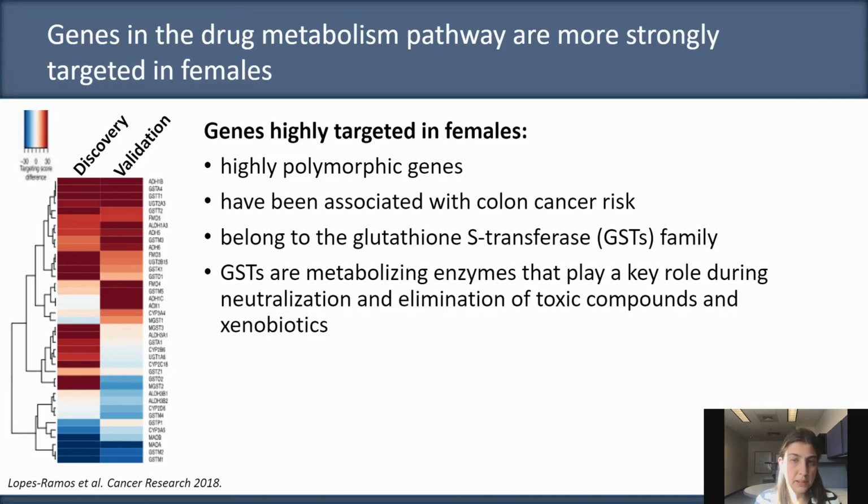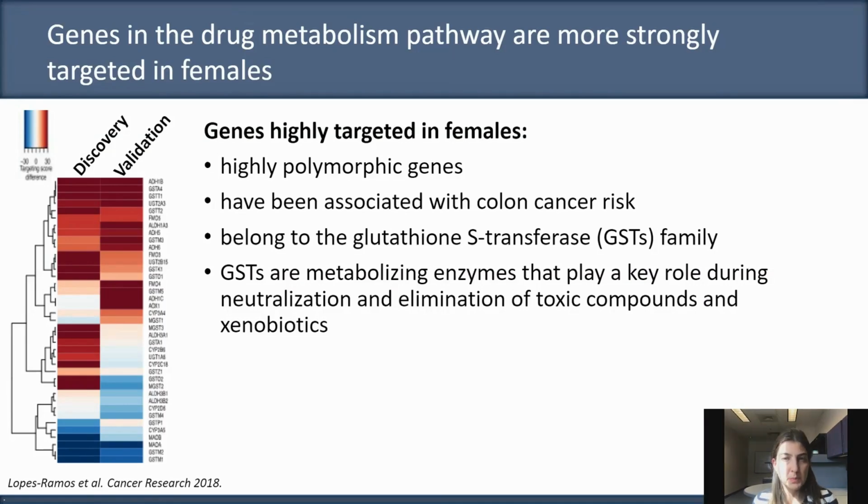These GST families are important to neutralize and eliminate toxic compounds and xenobiotics. Okay? So we found these differences in the gene regulatory networks around the drug metabolism genes, and this was in primary tumors even before any treatment.